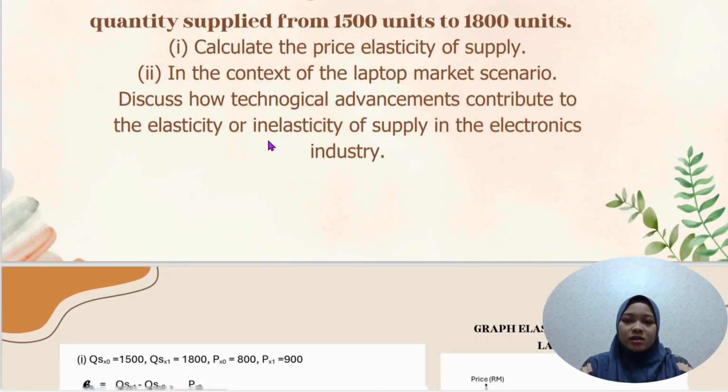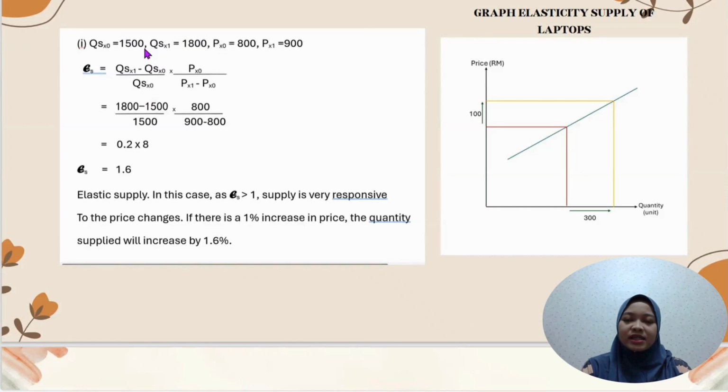So, the formula of the elasticity of supply is quantity supplied 1 minus quantity supplied 0 divided by quantity supplied 0, times price 0 divided by price 1 minus price 0. So it will be 0.2 times 8 and the answer will be 1.6%.